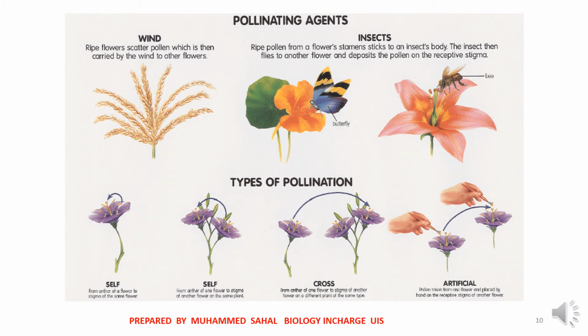There are different pollinating agents. Look at the slide. There are two pollinating agents mentioned. One is wind and the other one is insect. So based on that, you can divide flowers into two: insect pollinated flowers and wind pollinated flowers.